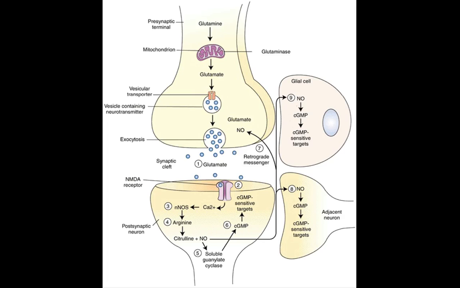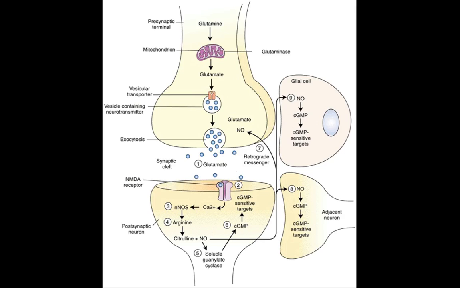Alright, so let's see where they start. They start with glutamate. So this is step 1. Now glutamate is going to bind to its NMDA receptor, like this guy here. Now when glutamate binds to its NMDA receptor, that receptor undergoes a conformational change that will allow calcium ions to come in.